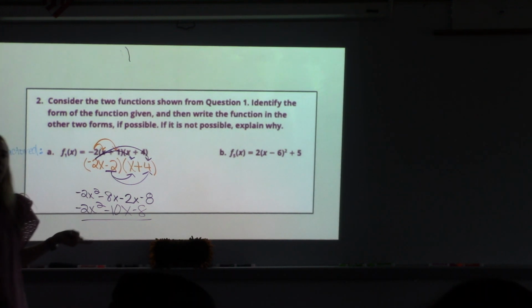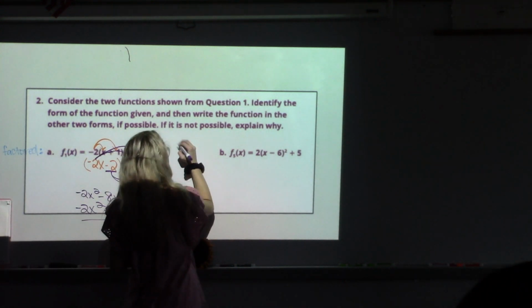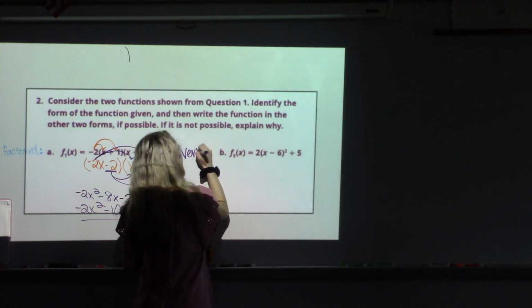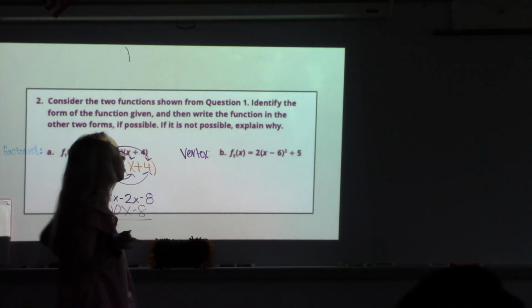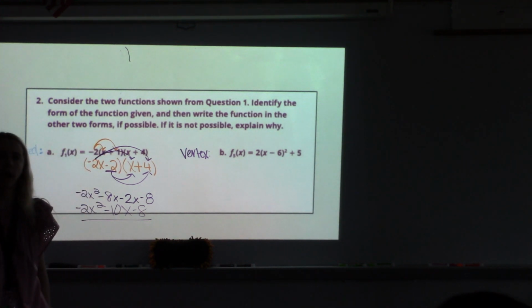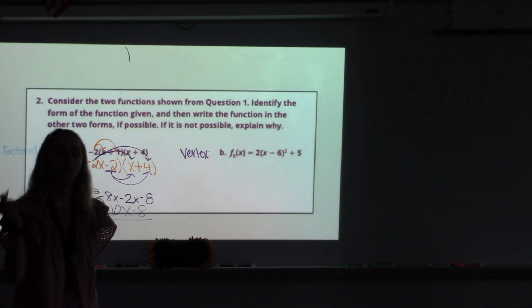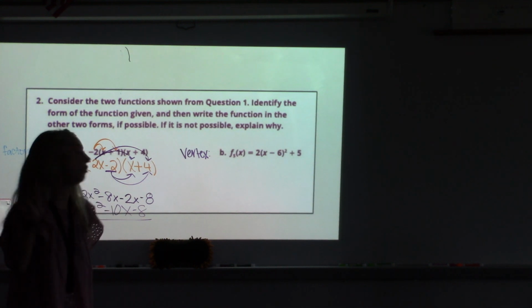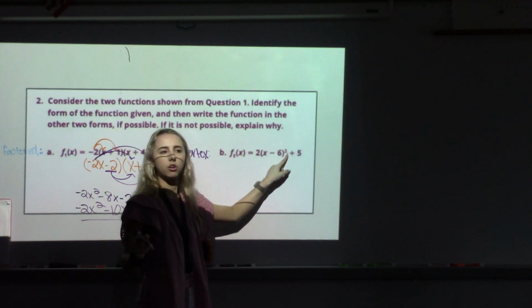So part B is given to us how? Vertex form. So if I wanted to rewrite it in standard form, what would I have to do? Distribute the 2. Right, but before I can distribute that 2, I have to take care of this exponent.